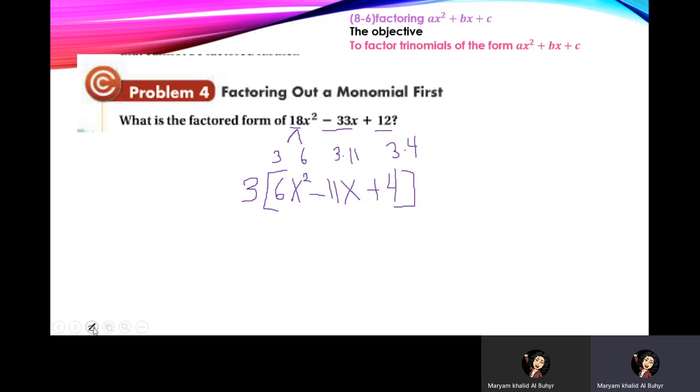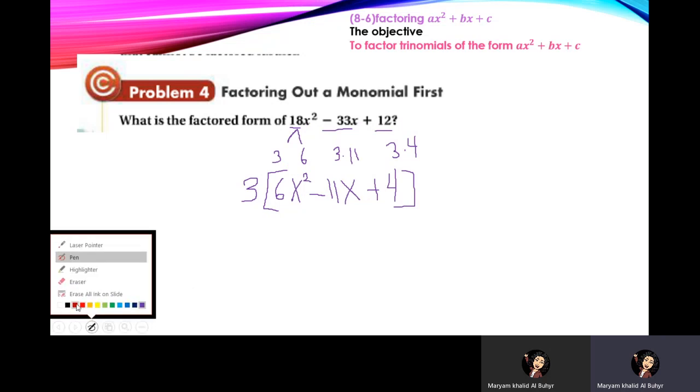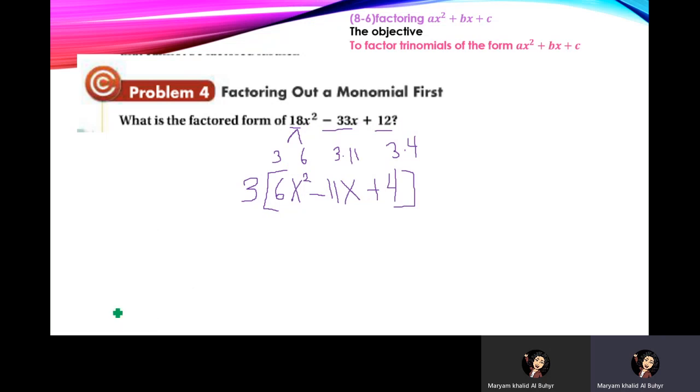It is very difficult to guess two numbers once you multiply big numbers. Sometimes it will work, but sometimes you will spend a long time thinking about it. Now I can find AC easily. AC will be 6 times 4, which is 24.